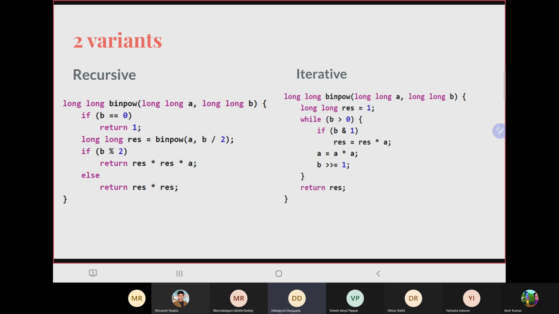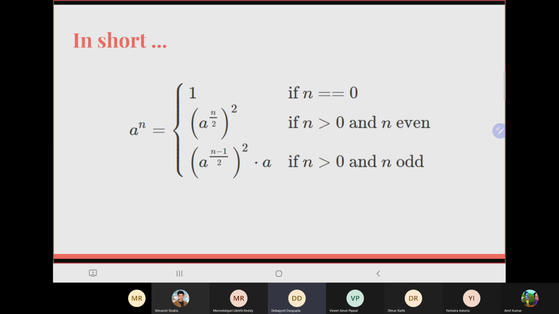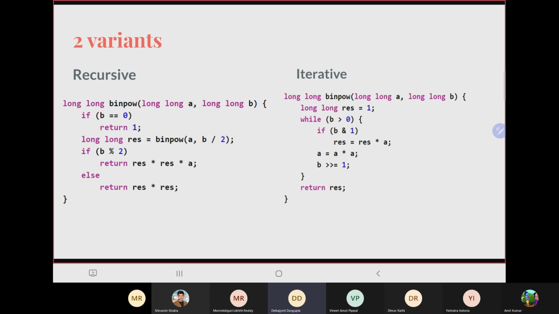So instead of computing that separately for the odd part and the even part, I get the binary power of a power b by 2 directly into result. Once it is pre-computed, we don't compute it again. Instead, we do result into result if the number was even, and result into result into a, where the extra a comes from the last factor if it was odd.